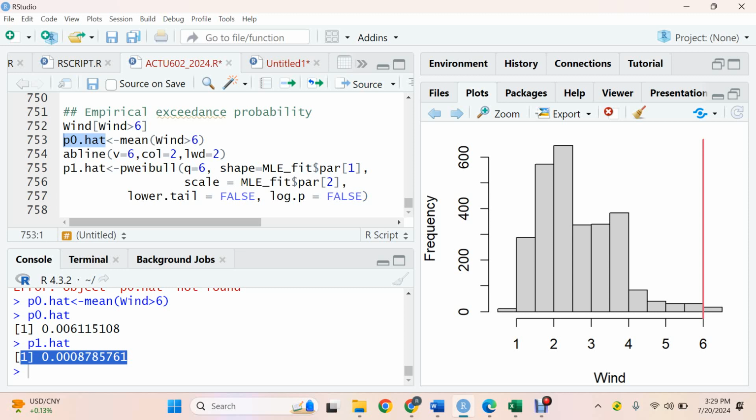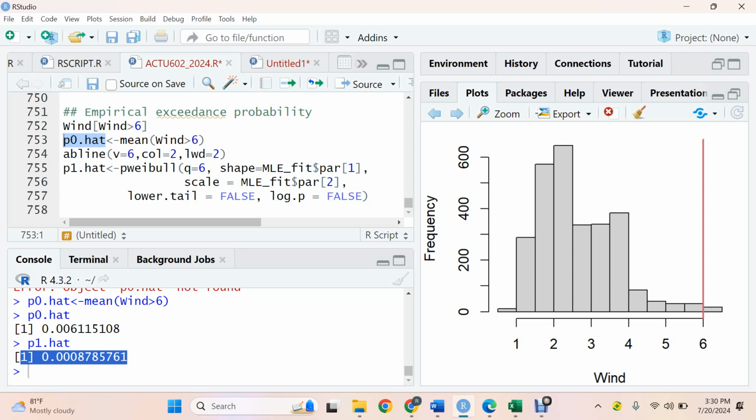Okay, so here there is a 0.6% chance that you will record a wind speed greater than 6. Your distribution is telling you that there is 0.08%. Do you get what is happening? That's it.